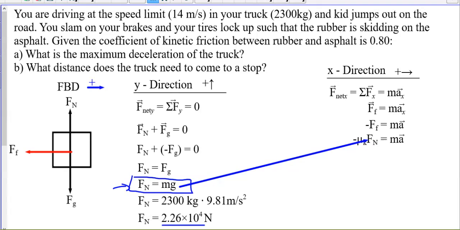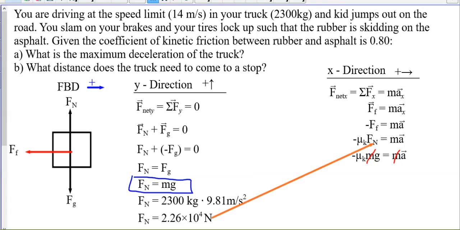You can definitely just plug in the number instead, but you'll probably agree real quick why I like doing it my way. If I plug in my equation for the weight, mass times acceleration of gravity, you can see that you have mass on both sides. And if you have the same variable on both sides, you can just cancel it out, and my equation gets a little bit easier.